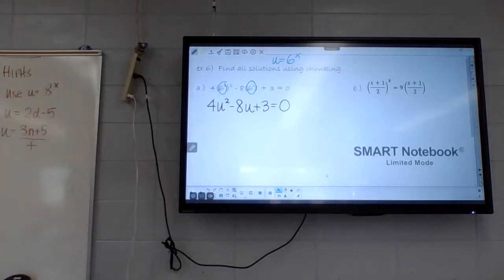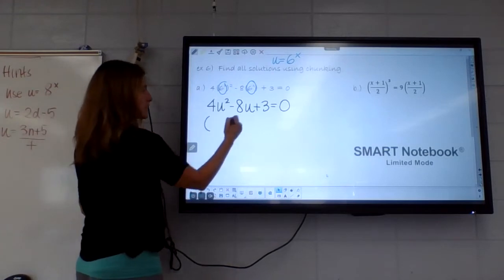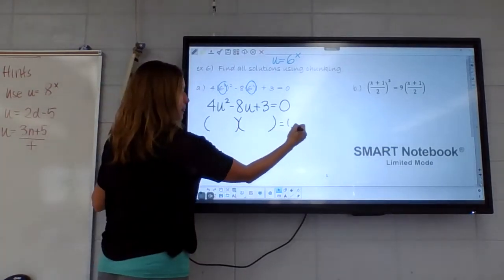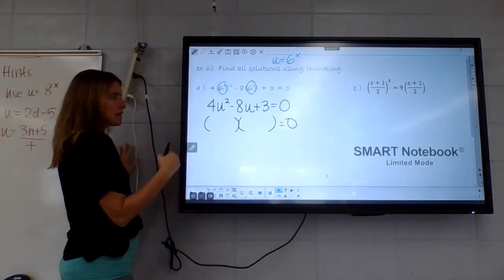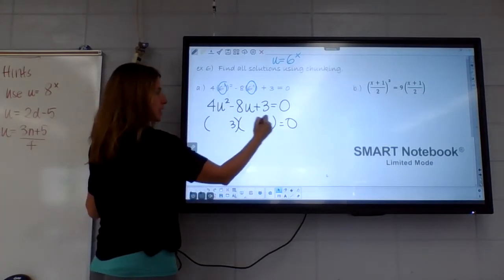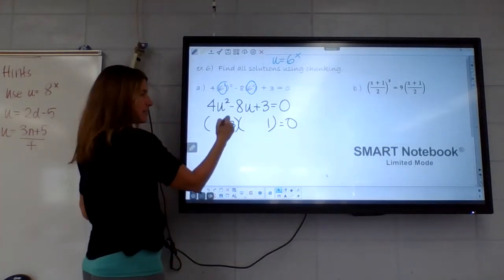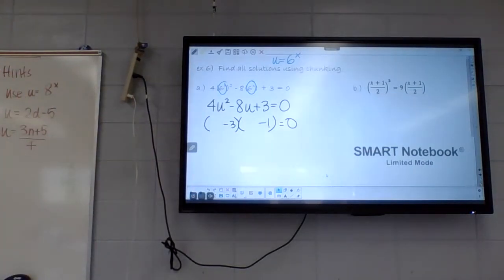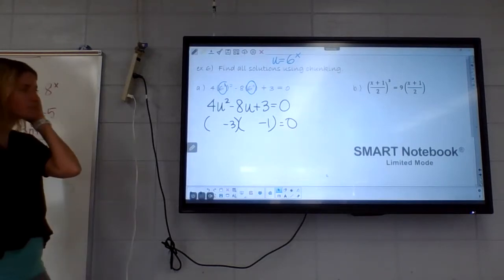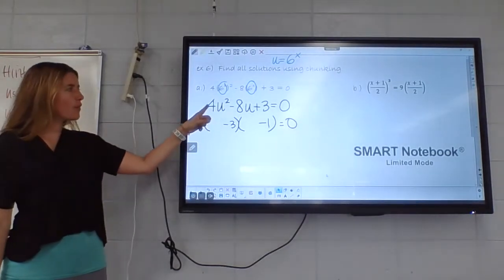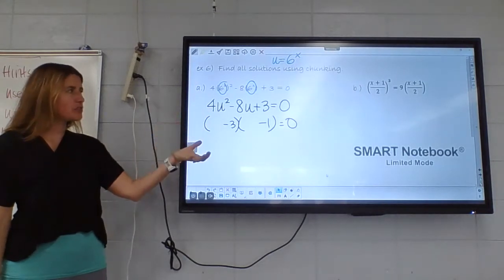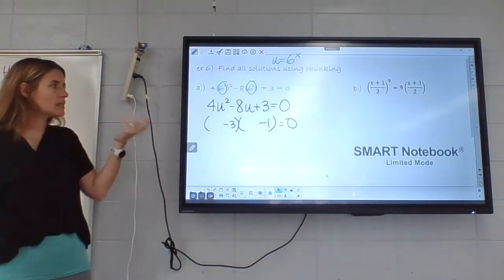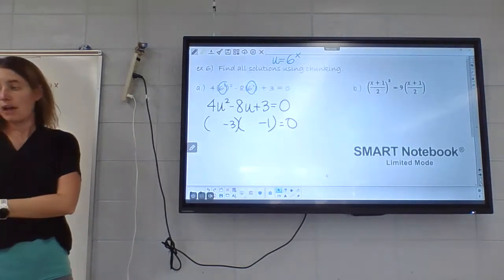Now this one is the kind of factoring we were just practicing. I know it's going to be 3 and 1, and since there's a negative here, I know these are both going to be negative. And I want to multiply to get 4u to the second, so it's going to be 2 and 2 or 4 and 1, and I think this is really similar to the one we did off the homework.